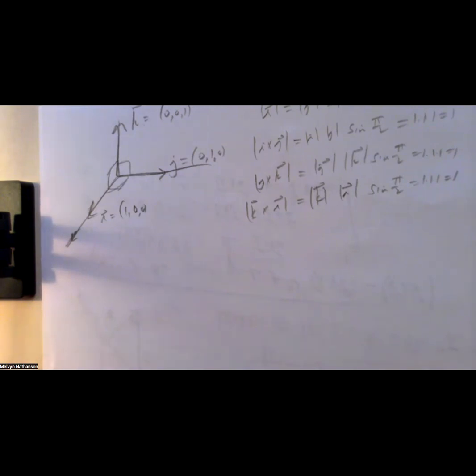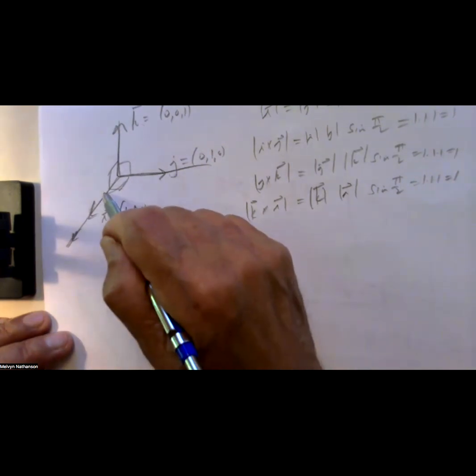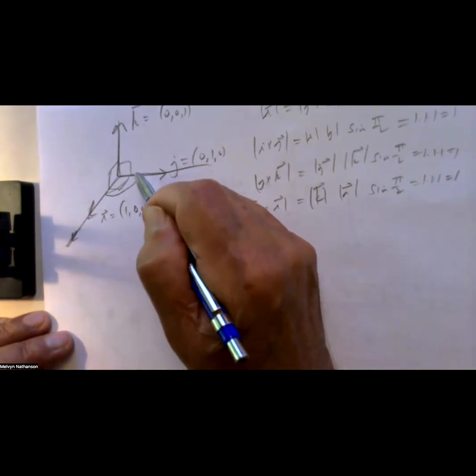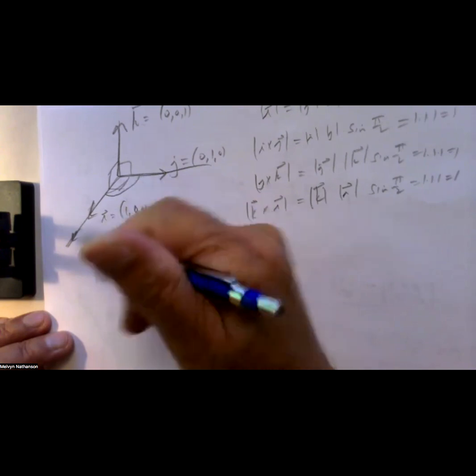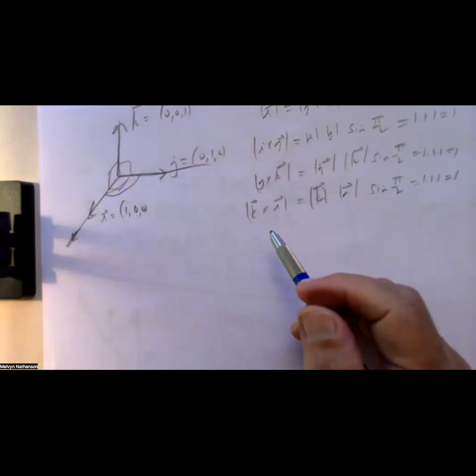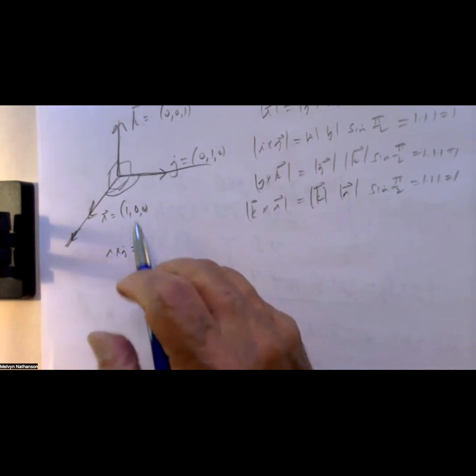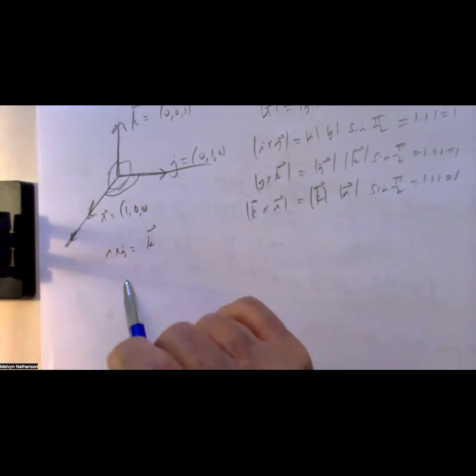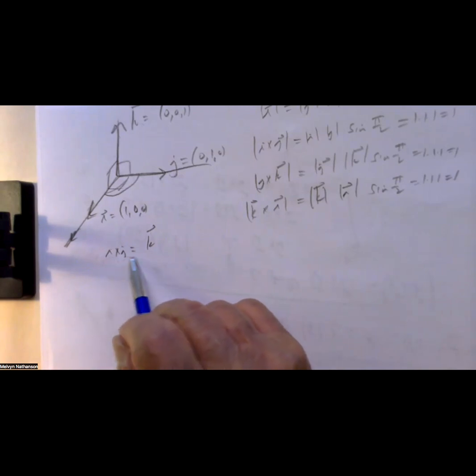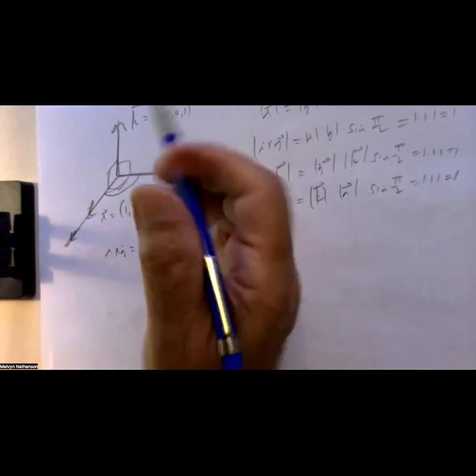But what is the direction? If you take i and rotate it by the right-hand rule into j, your thumb is pointing in the k direction. So i cross j is a vector pointing in the k direction. It's of length 1. So i cross j is k.